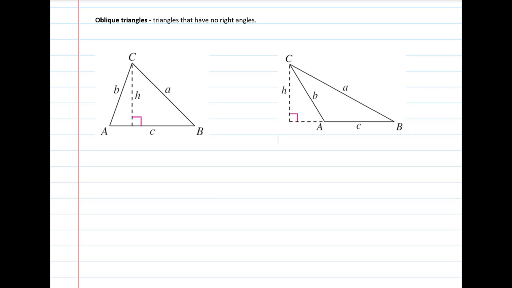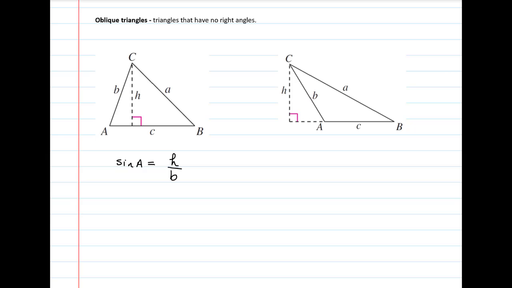Whether we have an obtuse or an acute triangle, we're going to have that same standard notation. All right, so then law of sines and law of cosines are going to help us find or solve for these oblique triangles, in the sense that we'll be given some information, some sides, some angles, and we'll be asked to find the other ones.